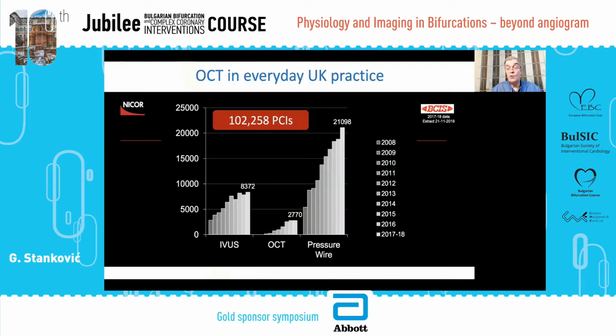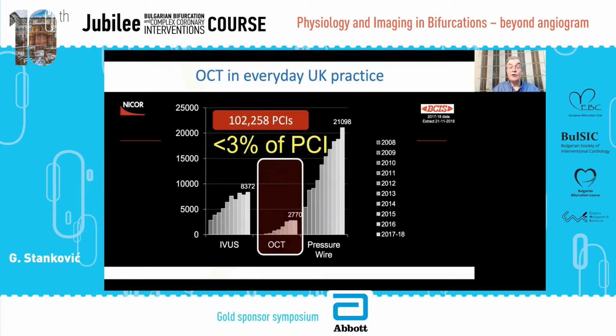So imaging is good, imaging improves clinical outcome, but what is the reality? Here are the most recent data that I could find, coming from the British Cardiovascular Intervention Society, 2017-2018. In more than 100,000 PCIs, use of OCT was less than 3%.